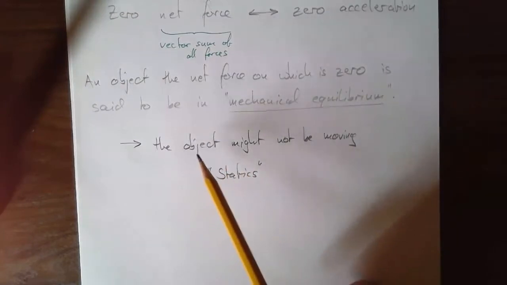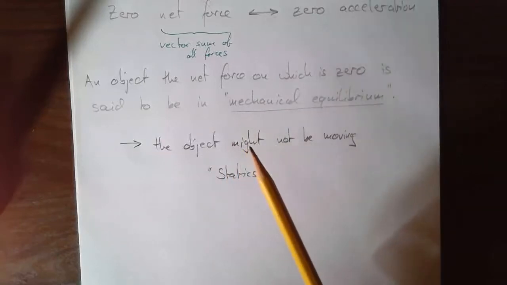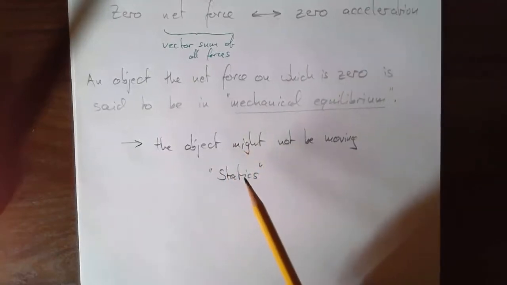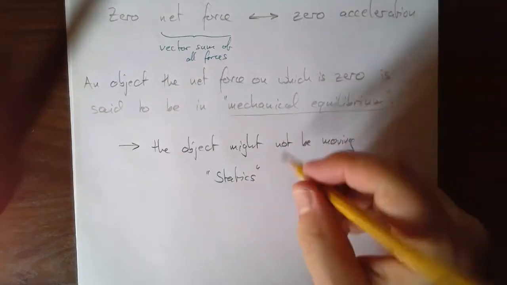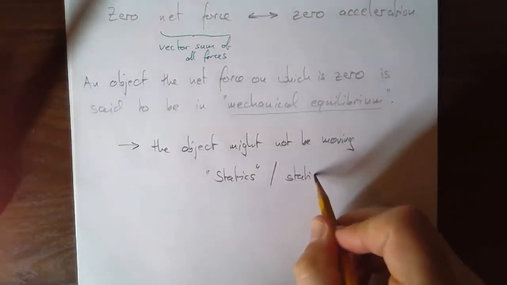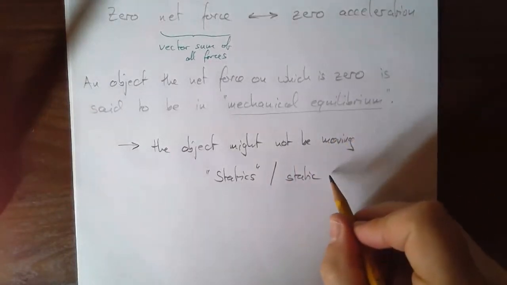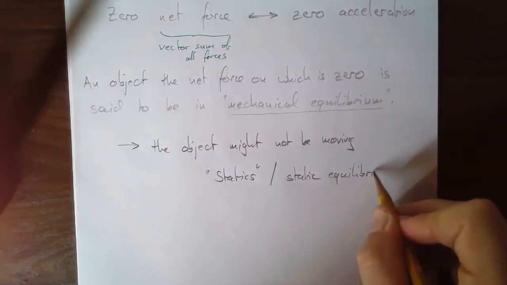But in general, we call a situation where an object is just stationary and remains stationary, so 0 velocity, 0 acceleration, we call it static equilibrium. So the static equilibrium is a special case of mechanical equilibrium, in the sense that it's the case that probably first comes to mind.